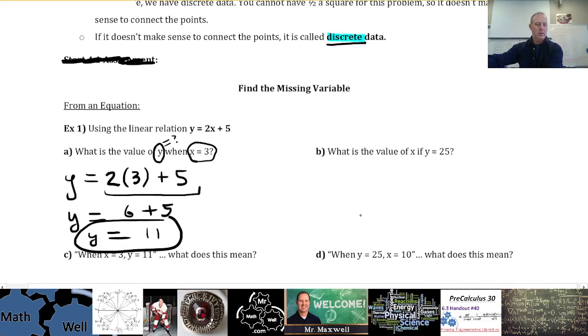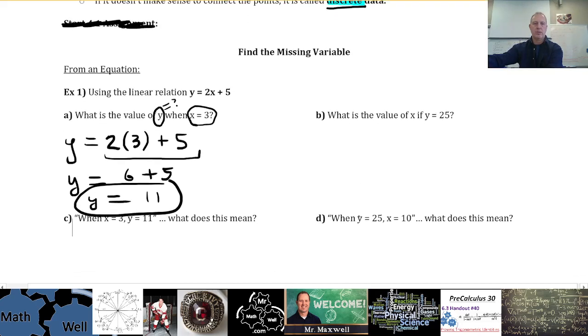Okay. What about, let's do B. What's the value of x if y is 25? Okay, so now what I've got to do is put 25 in place of the y here, equals 2 times, I don't know what x is, plus 5. A couple of ways you could look at this. This is pretty easy to do. You could do a lot of this in your head actually, right?